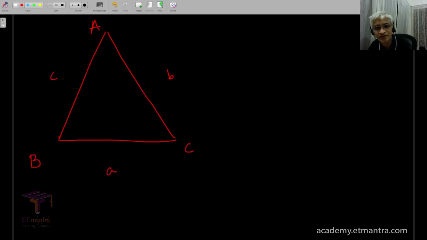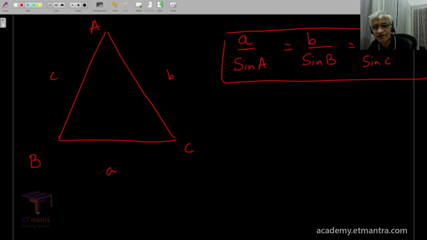Now, the first formula follows very easily from the favorite sine rule, which is definitely extremely elegant and symmetrical looking and can be easily derived. And this straight away gives us the first formula.